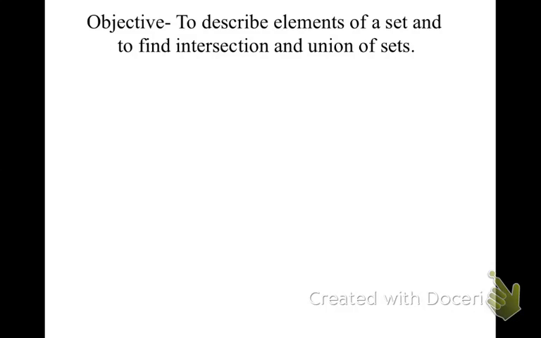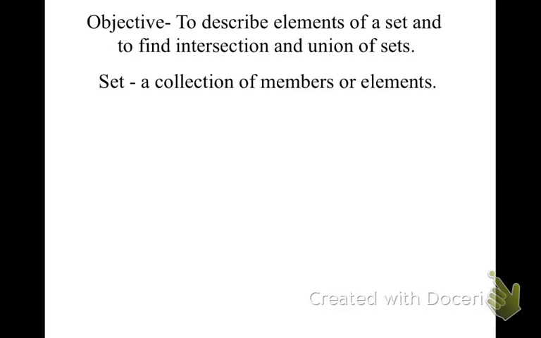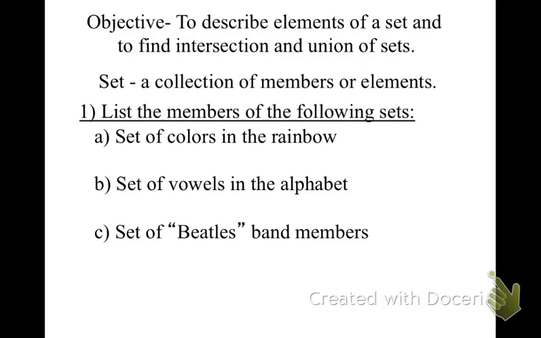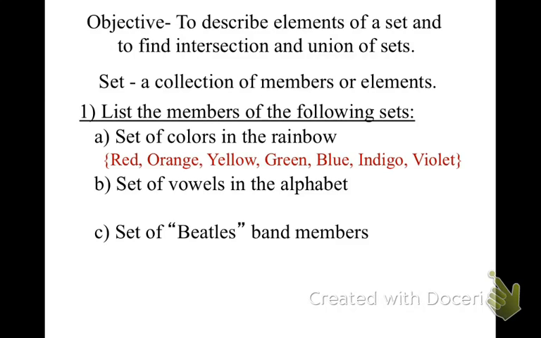All right, today we're talking about sets, and we're looking at intersections and unions. A set is a collection of members or elements. One good way to look at this is to list the members of the following sets. What are the colors of the rainbow? Our members are red, orange, yellow, green, blue, indigo, and violet.